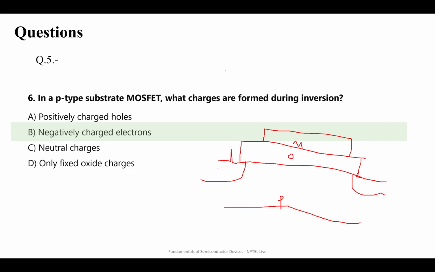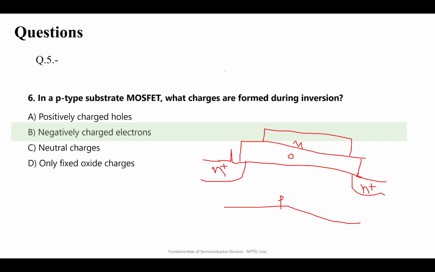I make these highly n doped. So these are very highly n doped here. These would be opposite to what my substrate is. My substrate is p type, so the source and drain regions I have doped would be highly n type doped.